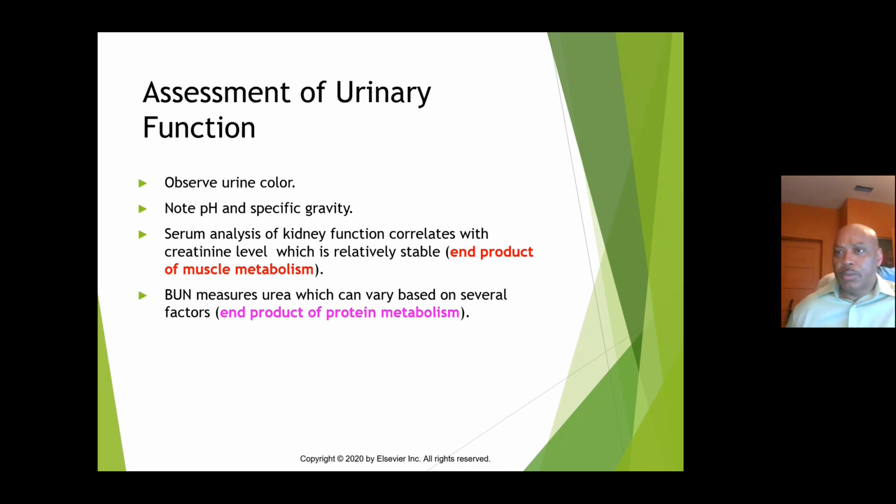There should be no glucose. Sometimes patients with diabetes, especially new onset, don't know anything about it, but you might see glucose in the urine, and so that can be revealing. There should also be fewer than 5 red blood cells in the urine, and white blood cells can be present as well.